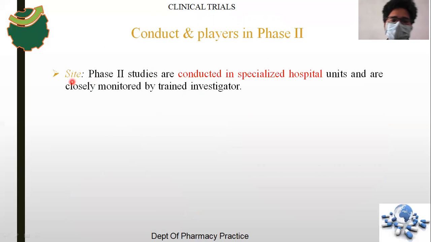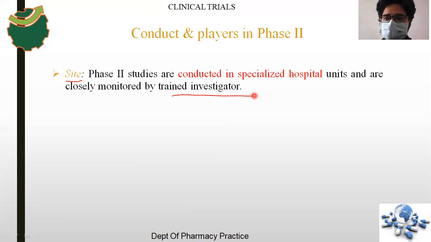First one is the site. Site is nothing but a place where we will conduct the trials. You have already seen that in phase 1. You will be conducting in specialized hospital units, where you should have closely monitored, trained investigators. In phase 1 we used healthy volunteers, so not many precautions were needed.